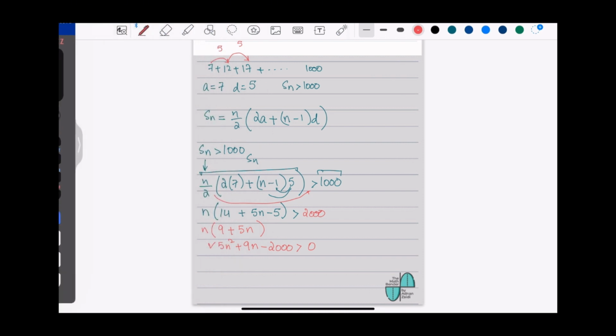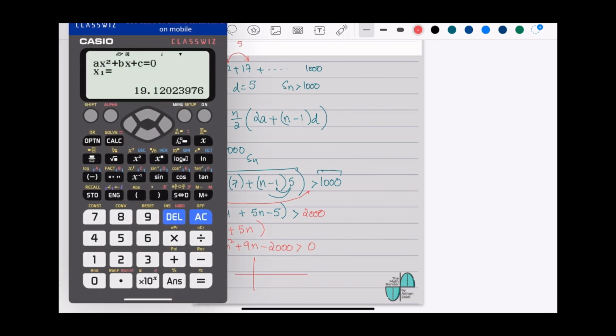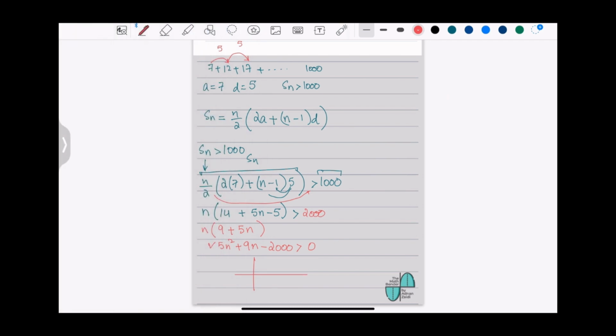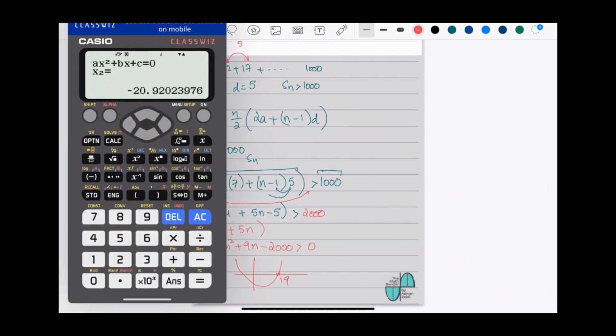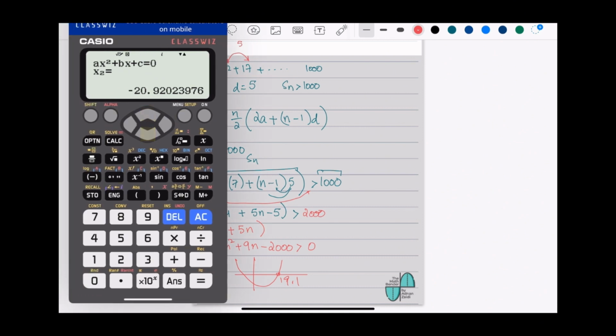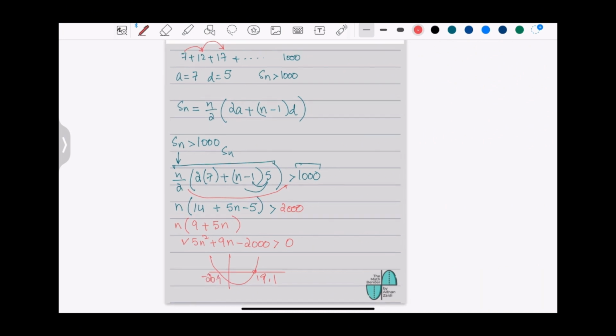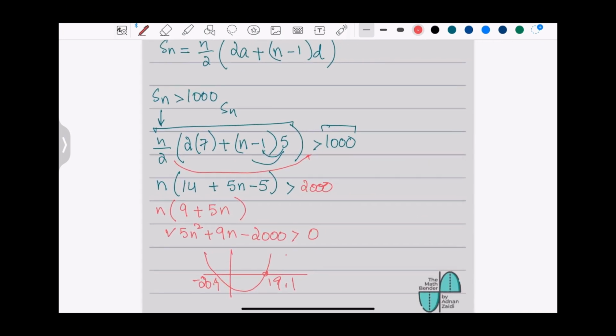So if I draw this roughly, one of the roots is 19.1 and the other is negative 20.9. So since it is greater than, this is the region.